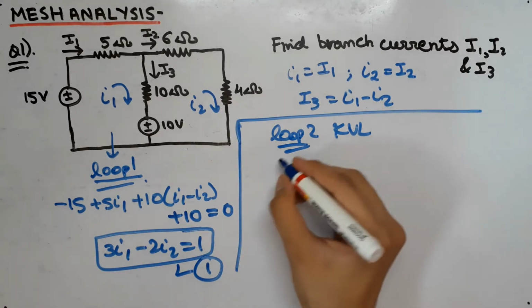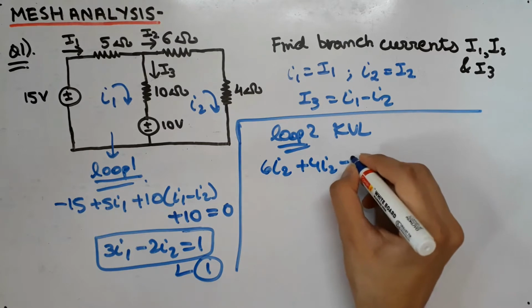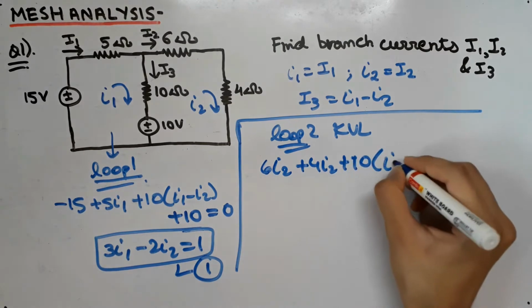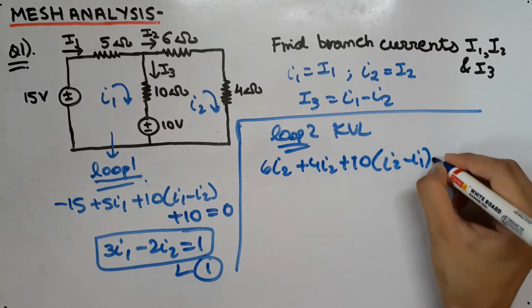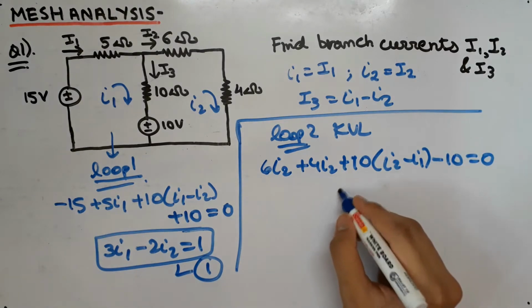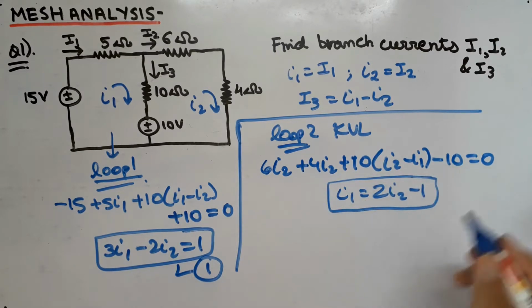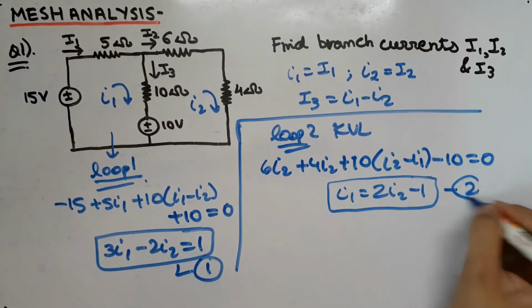From here we will get the equation as 6i2 plus 4i2 plus 10 into (i2 minus i1) minus 10 is equal to 0. Now on further rearranging this, you will get i1 is equal to 2i2 minus 1. That is our equation 2.